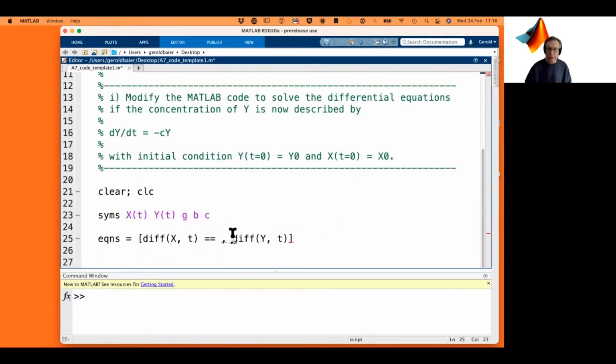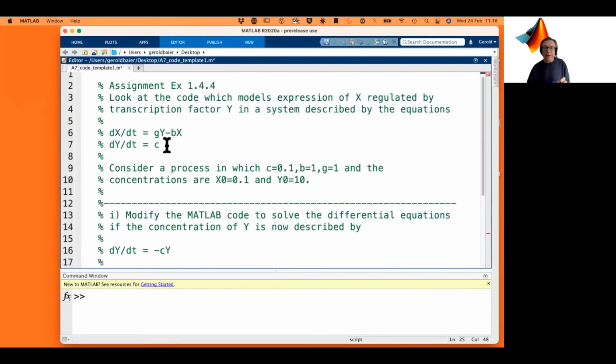So we need to put that in as g times y minus b times x, minus b times x, is the equation for our first variable, which is called x. And similarly, the equation for y has this equal equal, and what was it? Very simple. It was just c, not minus, it was just c.